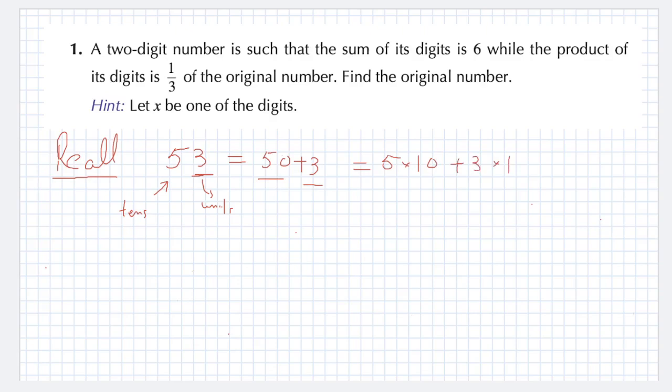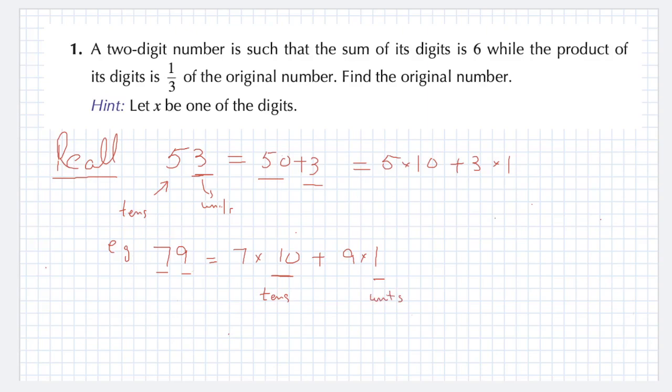For example, we can take another number. Let me write down 79. So we can see how many tens and how many units are there. There are 7 tens and 9 units. So this is going to be 7 times 10 plus 9 times 1. So any two-digit number can be broken into tens and units.